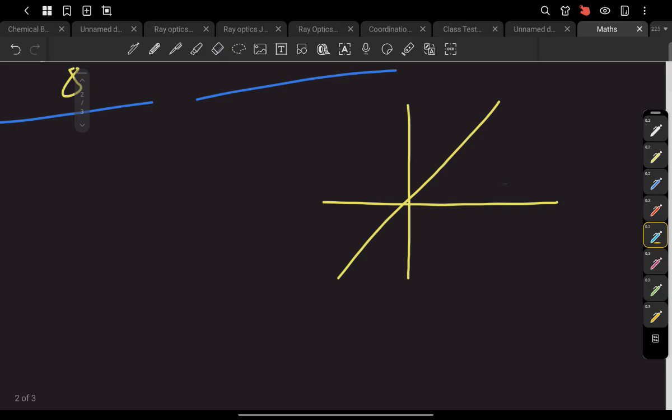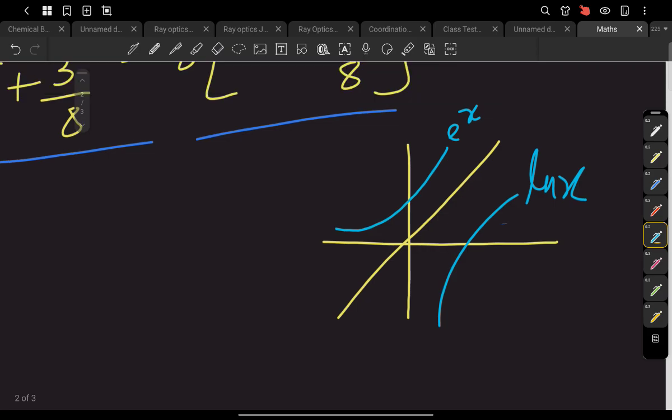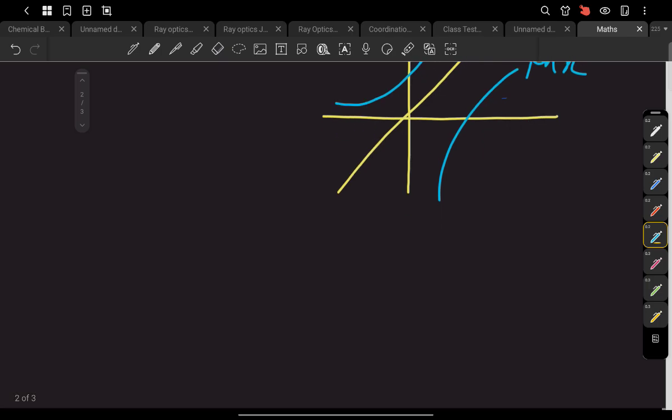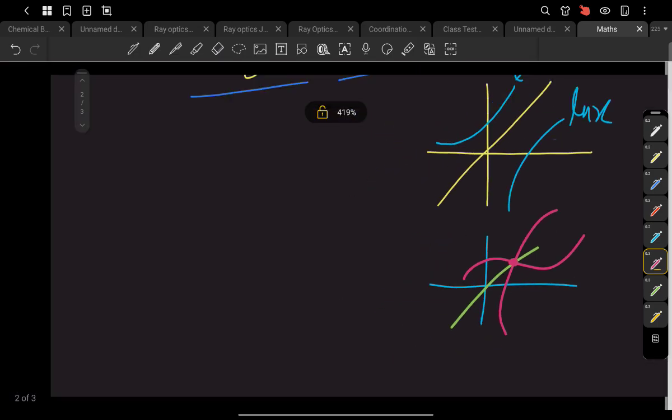So what we can say over here, for example, if we say that this is the e to the power x curve and this is the ln x curve, these are symmetrical to y equals x, but they are not intersecting each other. There are many other examples where the curves will intersect each other on y equals x, and their inverse is equal to each other. This is a random curve, and which shows us that these curves are inverse to each other and they are intersecting at y equals x.